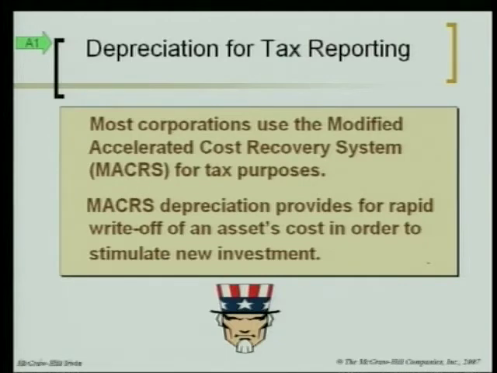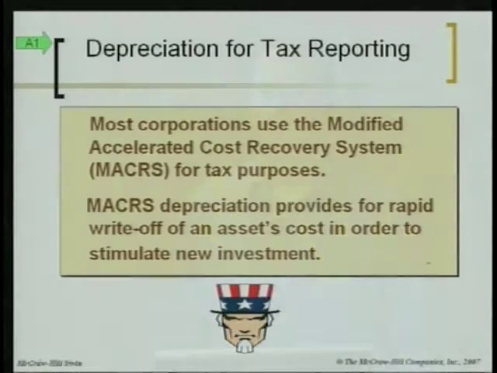Okay? Now, why would you want to do that? Why would it be beneficial to write your assets off or depreciate them faster? A loss. So you can write off more. Okay. And why would you want to do that? Pay less taxes. There you go.